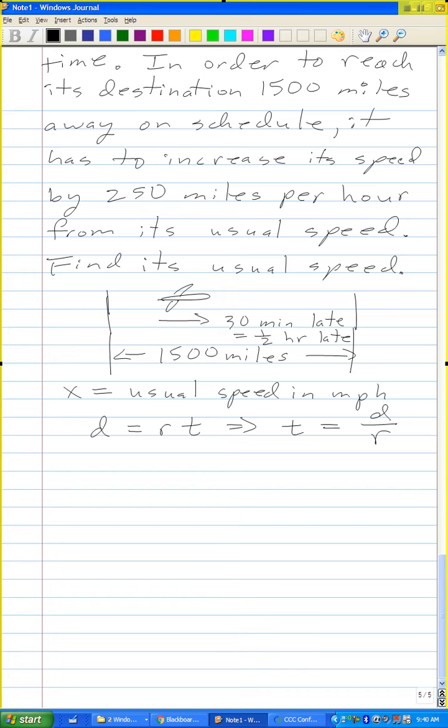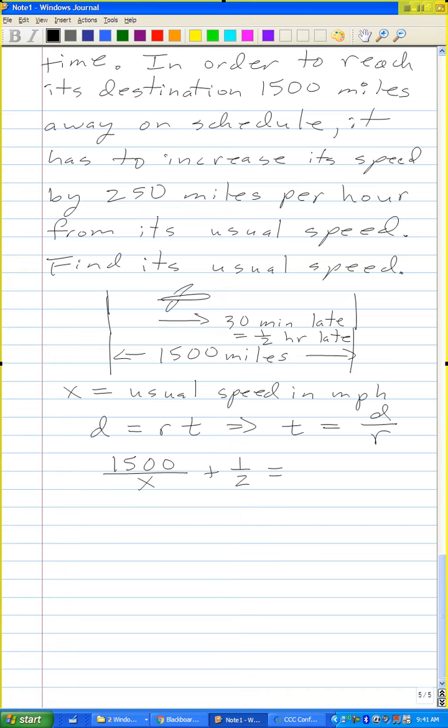So the distance that you usually travel is 1,500 miles, and you're usually traveling at x miles per hour. Now, you're late, and so you leave a half hour later than normal.